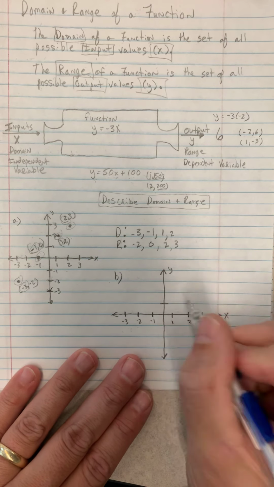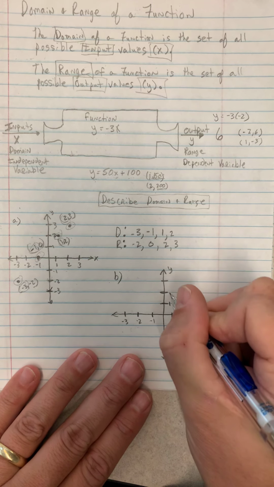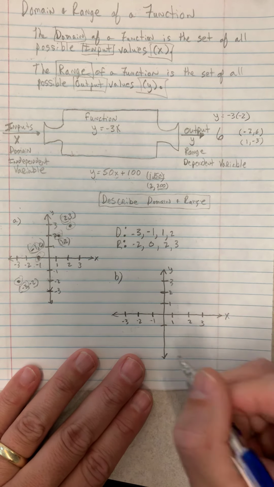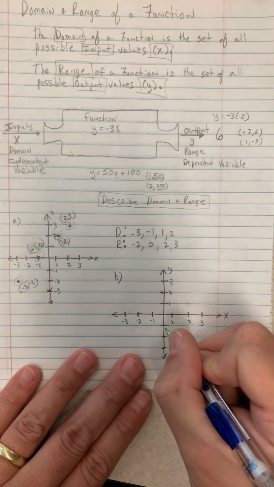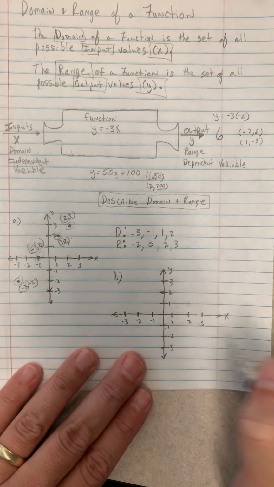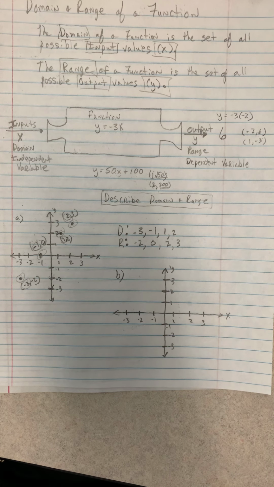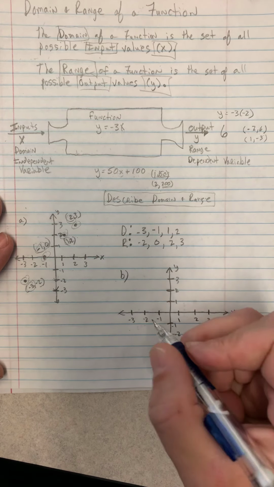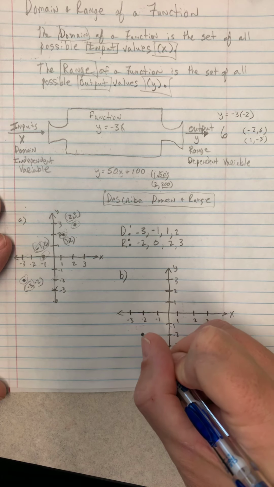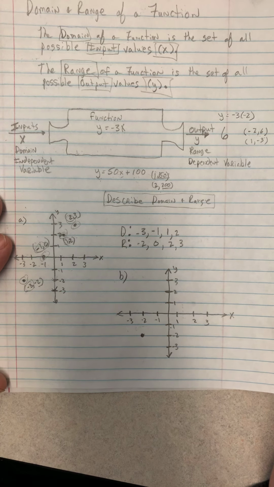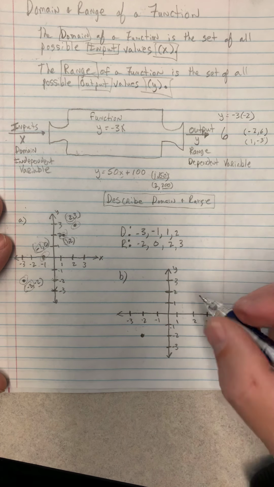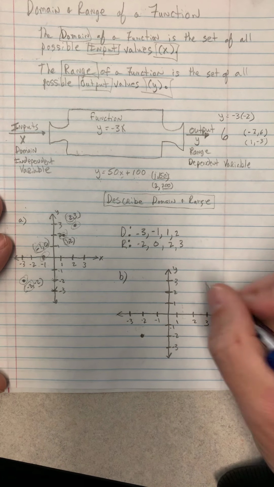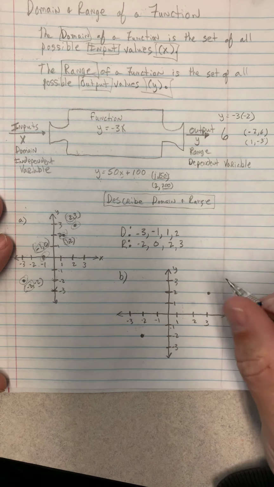I will go up to 3 on my y in the positive direction, and I will go down to -3 on the y right there. So here we go. Got this coordinate plane by 3s. I'm going to put a point there, a closed circle. And I'm going to make this graph right here.